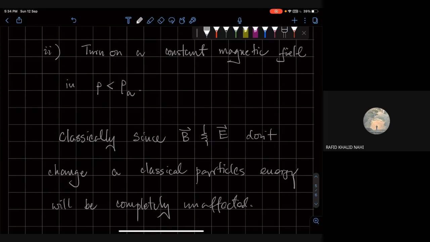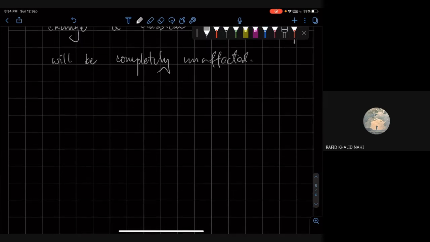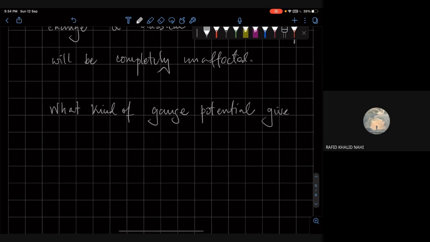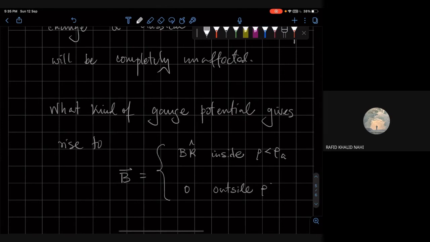To do that, we have to find out what kind of gauge potential gives rise to a magnetic field B, which has the form that it is some constant times K inside, that is rho less than rho A, and it's 0 outside, that is rho greater or equal to rho A. So this is the magnetic field we have.